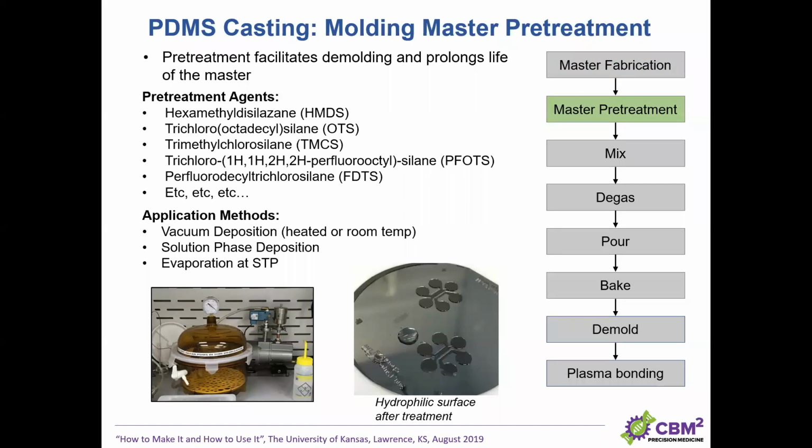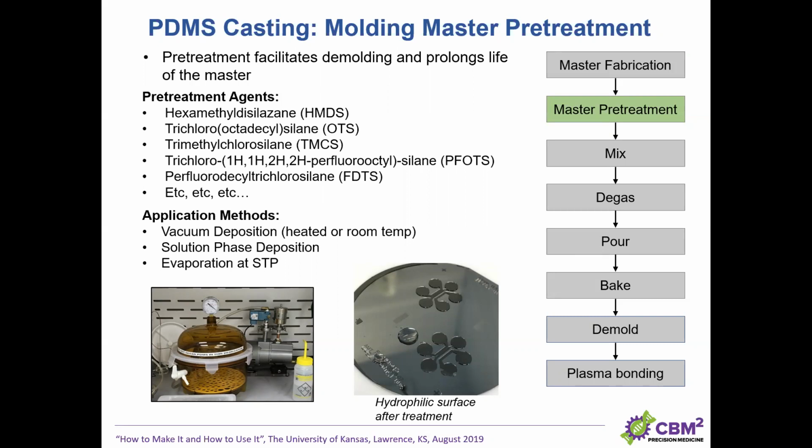We pre-treat the master to improve the molding and prolong the life of the master. There are many different agents, and as you can see, the list of them keeps growing because people come up with different ideas how to modify masters to improve the molding. The methods to apply those pretreatment agents include vacuum deposition, solution phase deposition, and evaporation.